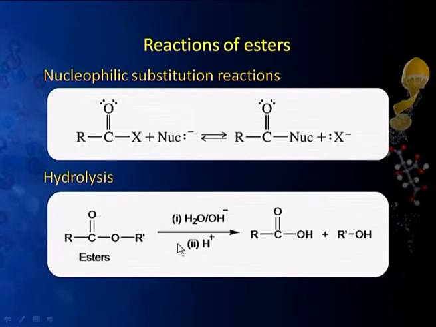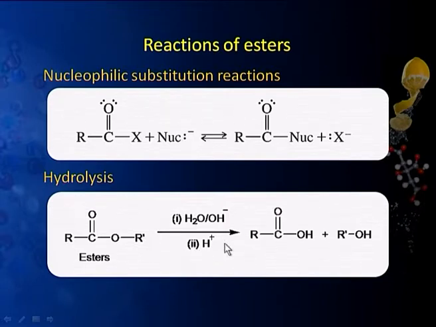These esters get hydrolyzed. This hydrolysis can be in acidic medium as well as in basic medium, and we will get the corresponding acid and alcohol. If the reaction is carried out in alkaline medium, obviously ultimately it will require acidification so that the anion of the acid which is formed gets converted into the acid.